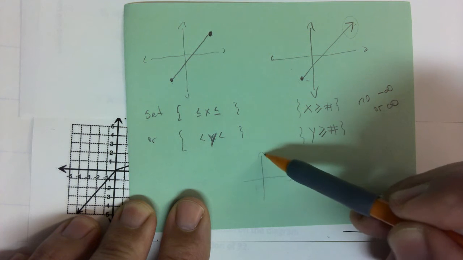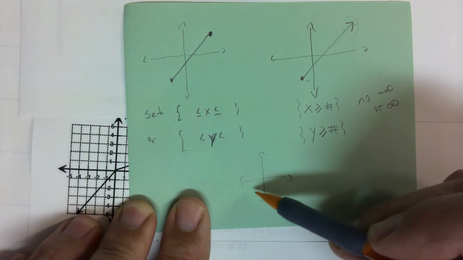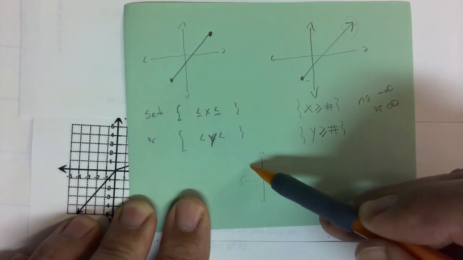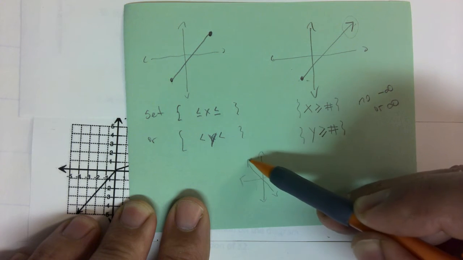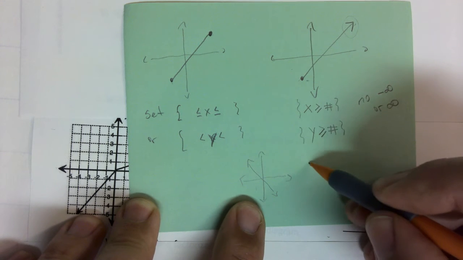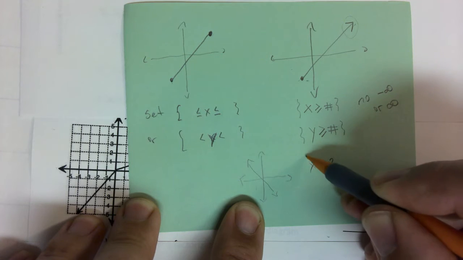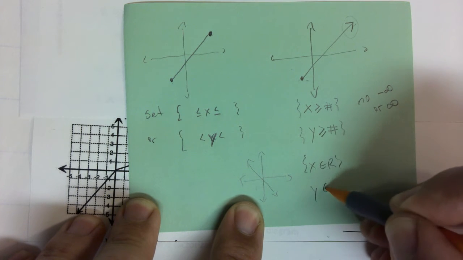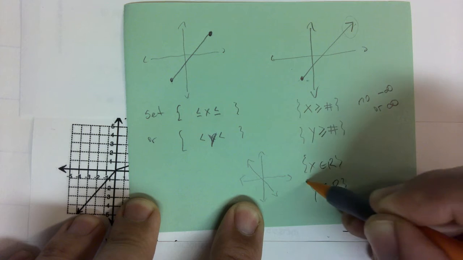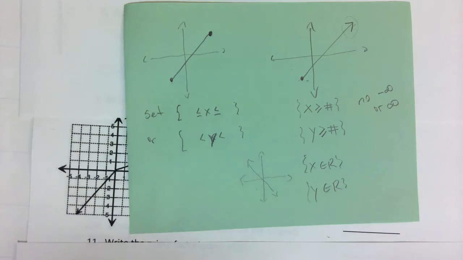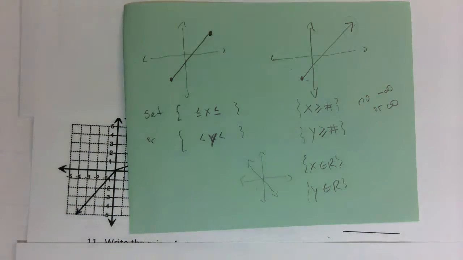Maybe I'll do that here. And this is just set notation right now. If you have arrowheads on both sides, so let's say it's one of these, like that, then x is part of the real numbers and y is part of the real numbers because it's the whole line. All x values, all y values are included.